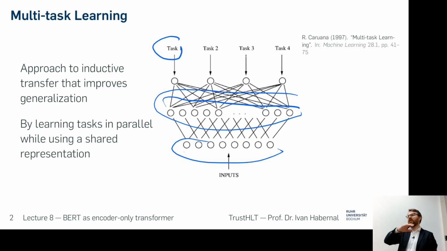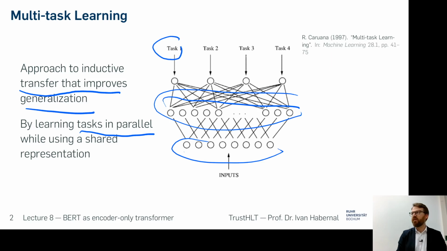The underlying structure of the network is the same, and you might have different outputs for different tasks. These tasks could be somehow similar, or they could be different. And the idea is that by learning these tasks in parallel, we do better transfer to other tasks. So it should improve generalization.